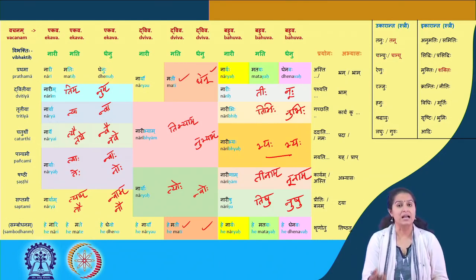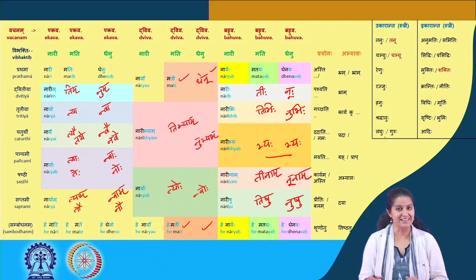Renuhu, dust. Rajjuhu, the rope. Hanuhu is the jaw. Shraddhaluhu is an adjective but for the feminine here. So shraddhaluhu, narihi, nari, for example. Laghuhu, guruhu, all of them as adjectives in this particular case.